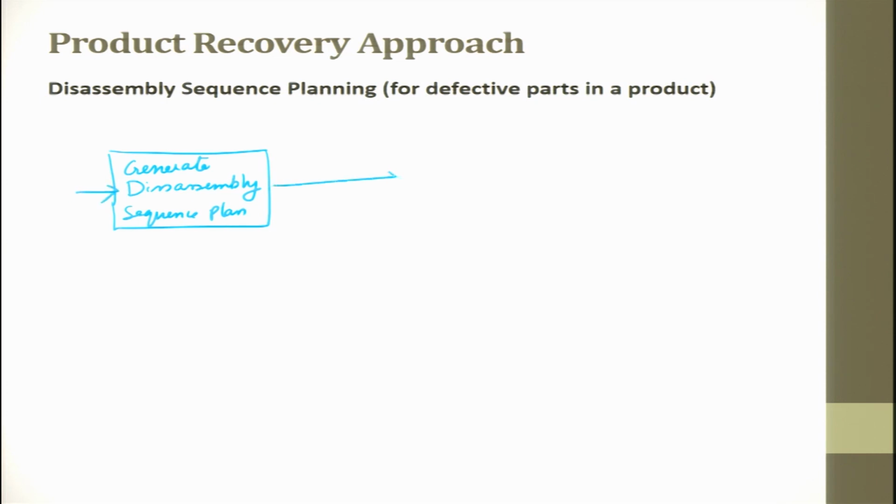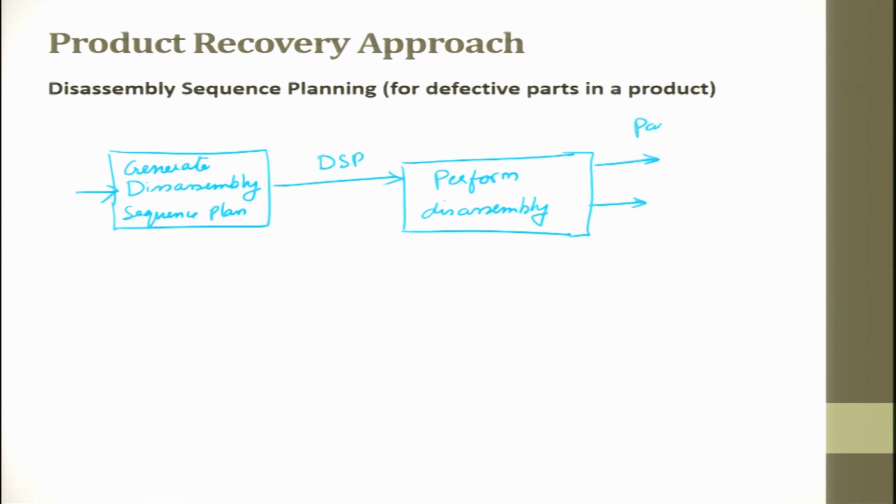Next, it is going to be the DSP, the disassembly sequence plan, to perform disassembly. Then it is going to be paths to remanufacture.